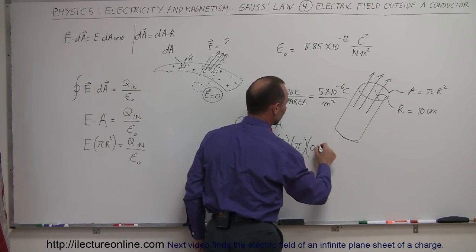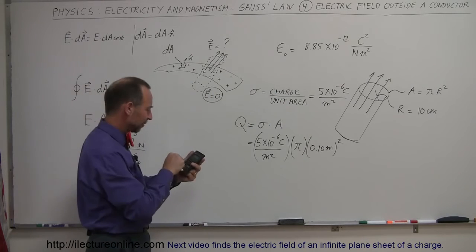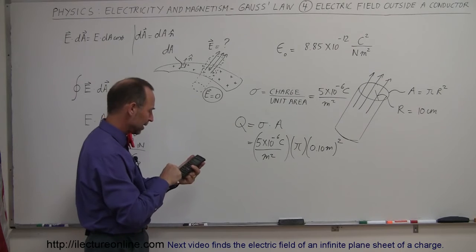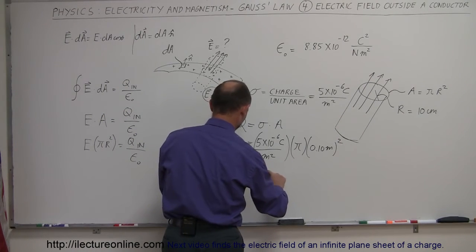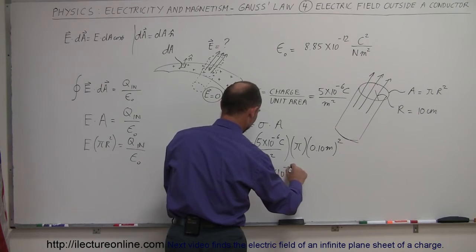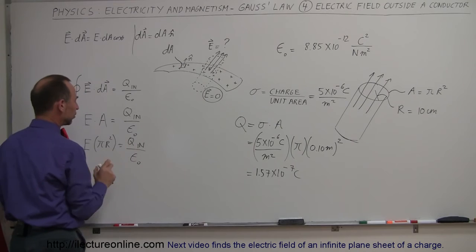In this case, that would be 0.10 meters, and we have to square that. 5e to the minus 6, there we go, times pi times 0.01 equals, so we have a charge of 1.57 times 10 to the minus 7 coulombs. All right, that will be the charge inside.